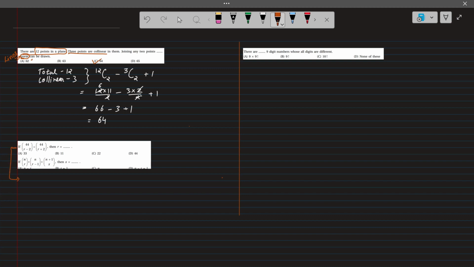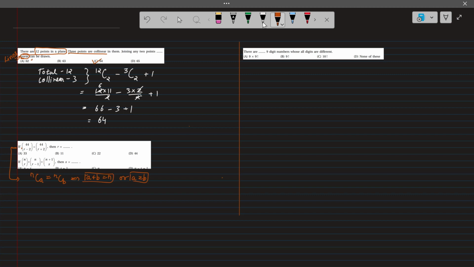For the first portion, the question is 44C(r minus 2) equals 44C(r plus 2). Here we can use the property nCa equals nCb only when a plus b equals n, or a equals b.